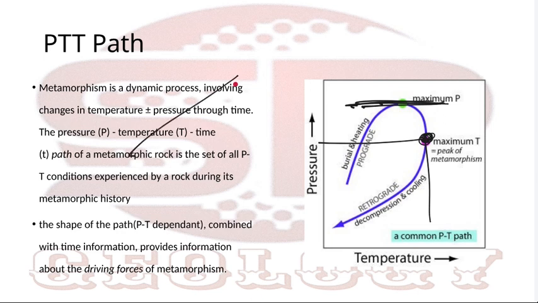This is prograde and this is retrograde. Prograde is increasing temperature and pressure, retrograde is decreasing pressure and temperature. Then you will show the anti-clockwise and clockwise paths and give your example: anti-clockwise will be the rifting case and clockwise will be the subduction case, with a proper description. Okay, everyone got the PTT path?